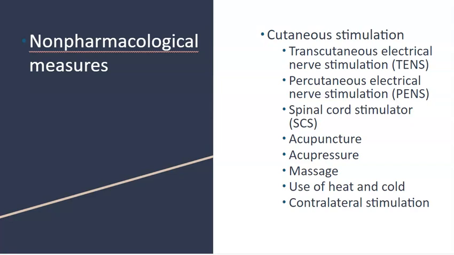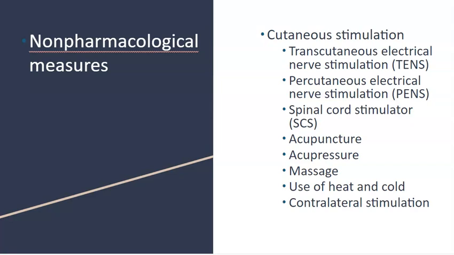The pads are directly applied to the painful area, and once activated, the unit stimulates A delta sensory fibers. TENS units can be worn intermittently for long periods of time, depending on the patient's pain.